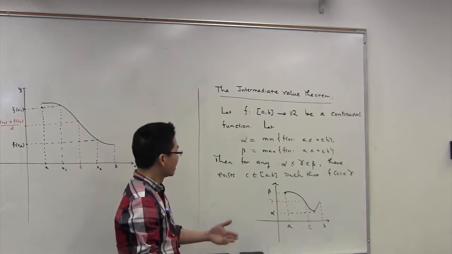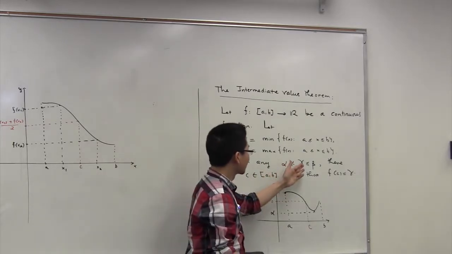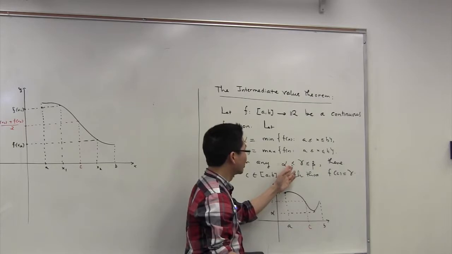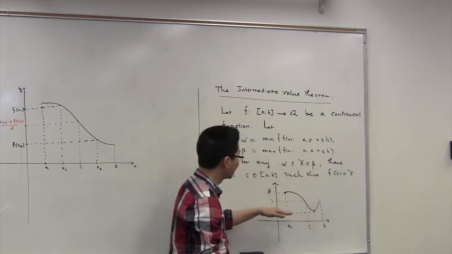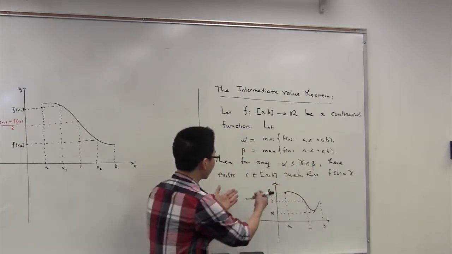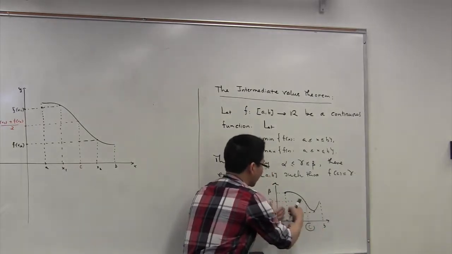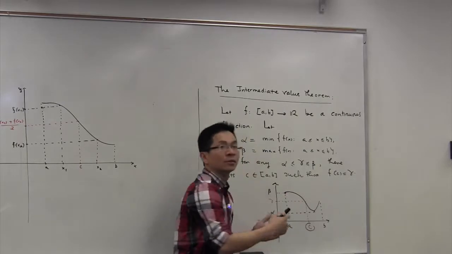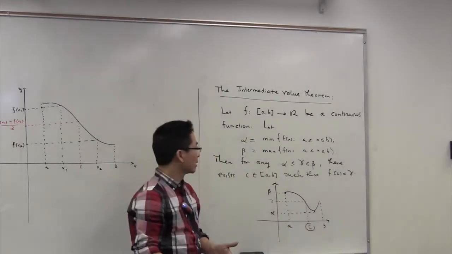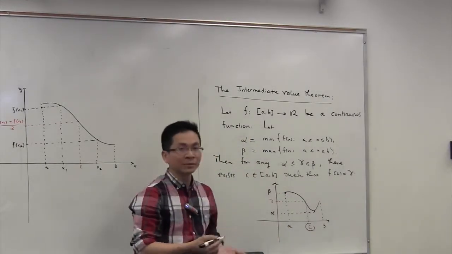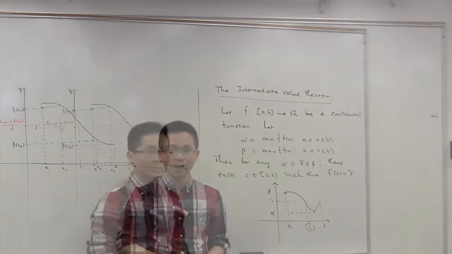Then for any gamma such that gamma is greater than or equal to alpha and less than or equal to beta, there exists some c in the interval AB such that f of c is equal to gamma. So this is the theorem that we are going to use to solve the problem.